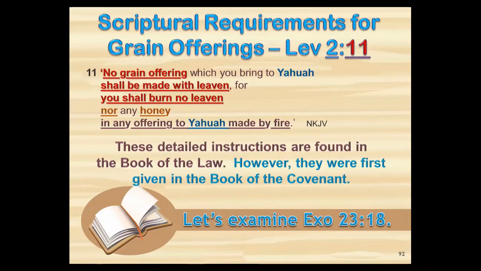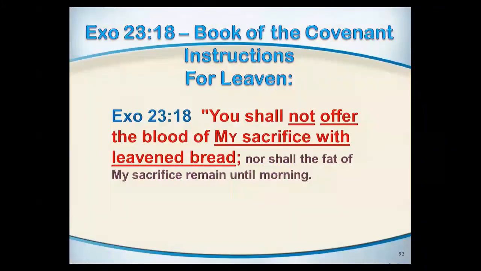We're going to examine it in Exodus 23:18, in the book of the covenant, instructions for the leaven. You shall not offer the blood of my sacrifice with leavened bread, nor shall the fat of my sacrifice remain until the morning. Definite command: you shall not offer my blood with leaven.